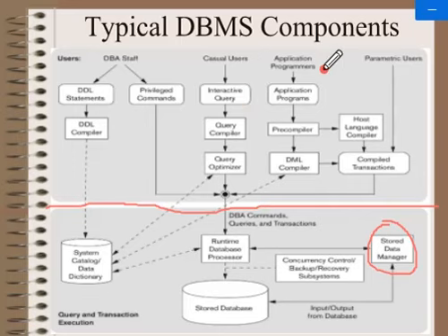Application programmers create programs using the host languages. And the parametric users, you can see here, usually do data entry work by supplying parameters to predefined transactions. These predefined transactions we call canned transactions.